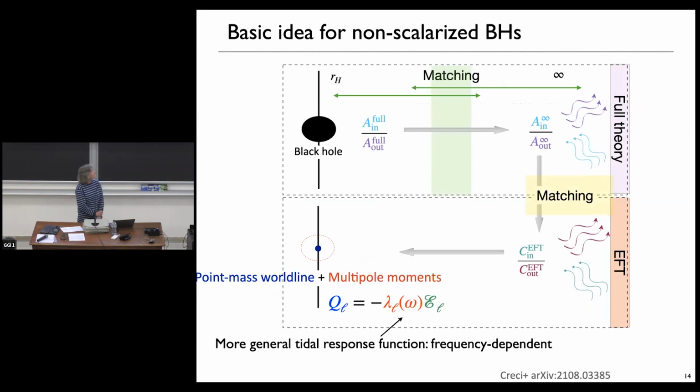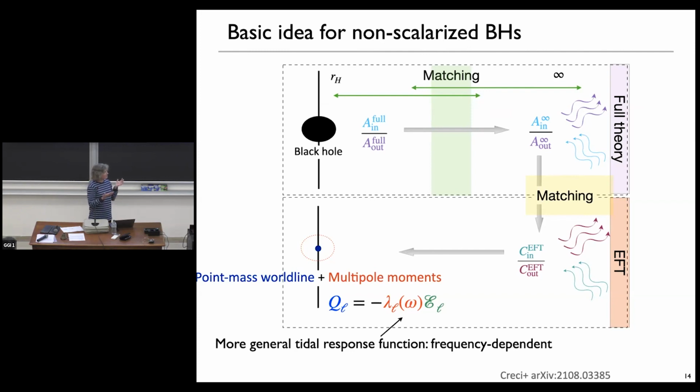So the idea is illustrated again here. You want to compute for a black hole in your full theory these in and outgoing scattering amplitudes, and in particular you want to know how they behave near null infinity, and match near null infinity to the effective description, where you also have some scattering amplitudes, which then determine the parameters of these world line skeletons, where the multipole moments can now be generalized to be frequency dependent responses to the tidal field.